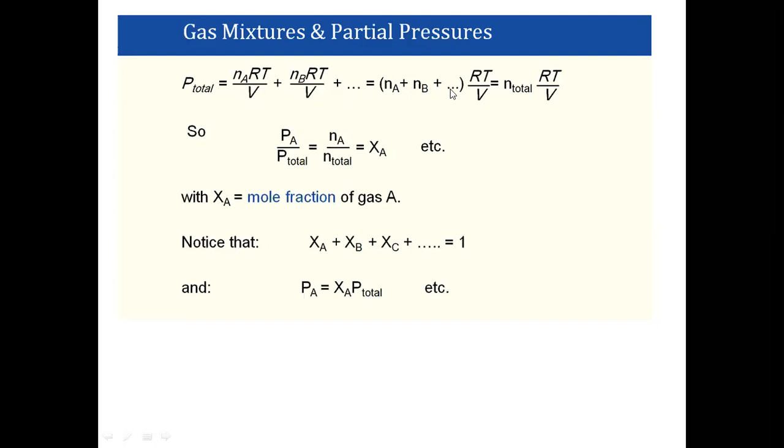So nA plus nB and so on; we take a common factor multiplied by RT over V, which equals n total RT over V. So PA over P total equals nA over n total, which equals XA, and this XA is the mole fraction of gas A. Note that all the fractions XA plus XB plus XC must equal 1. So pressure A will equal the mole fraction of gas A multiplied by P total.